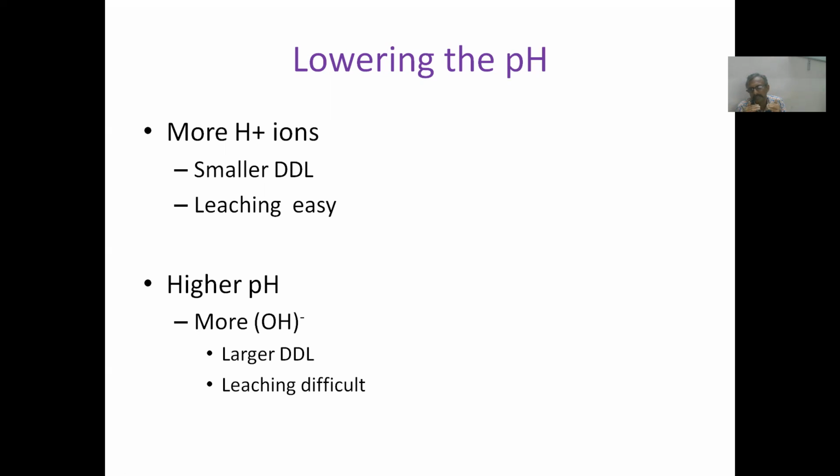In a large diffuse double layer, the movement of water itself becomes difficult because of the forces between the charges. So the higher the pH, you will have more hydroxyl ions and a larger diffuse double layer. So leaching becomes difficult.